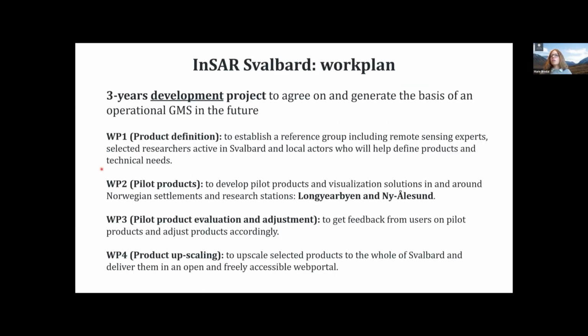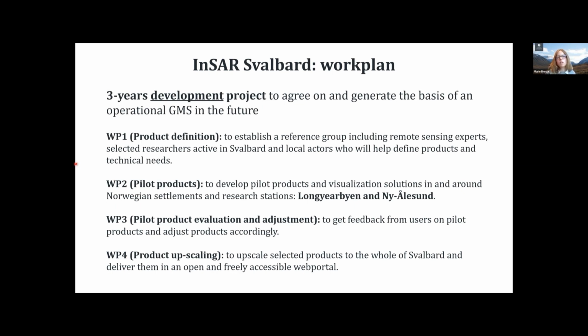Okay, so the work plan from now on is, this is a 3-year development project, where the aim is to agree on a basis for the upcoming ground motion service. The project is divided into 4 work packages.